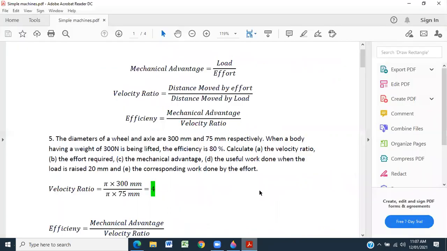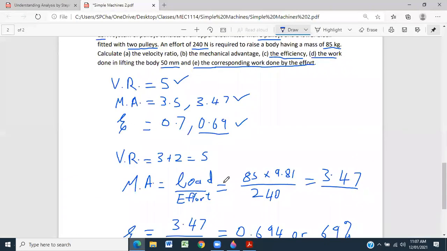So what is velocity ratio? Distance moved by effort divided by distance moved by load? Yes. So you think you can find it?